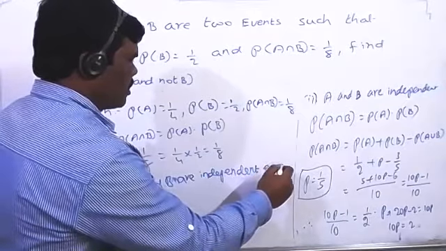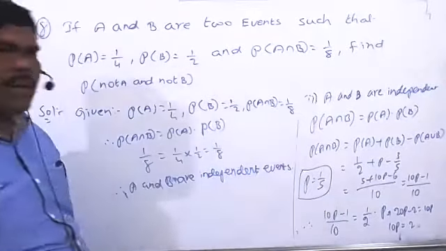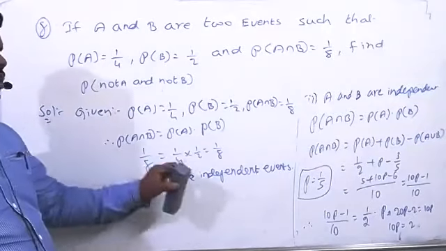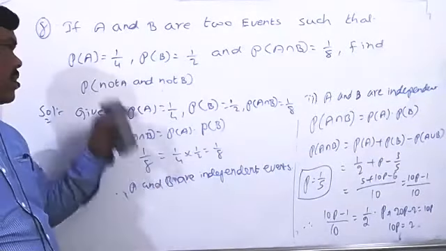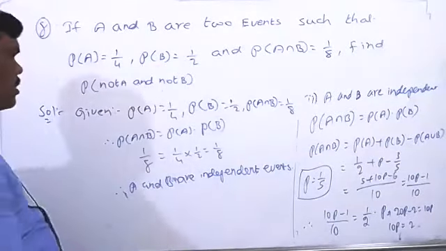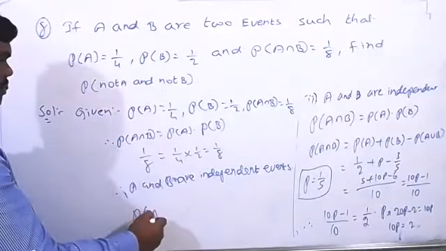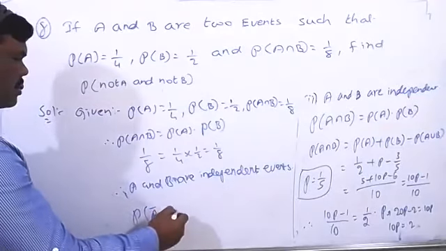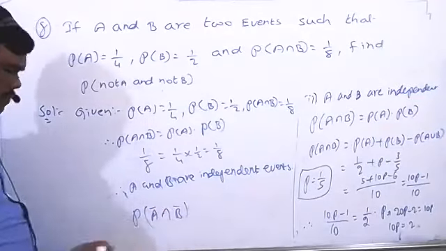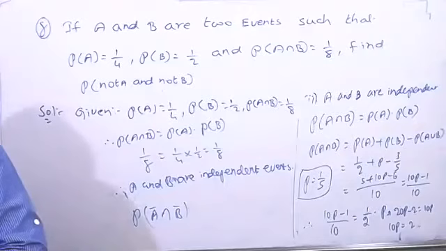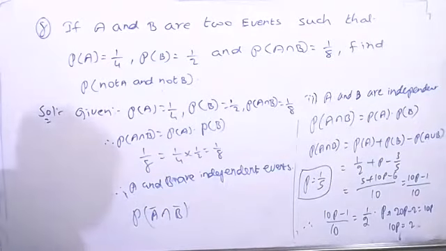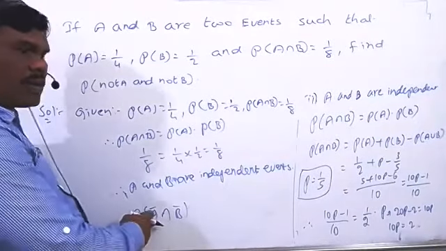Now, if these two are independent events, then we can find this very easily. How to find this value? Probability of not A, what is the meaning of not A? A bar, and means intersection. Not B means B bar. So probability of not A and not B.